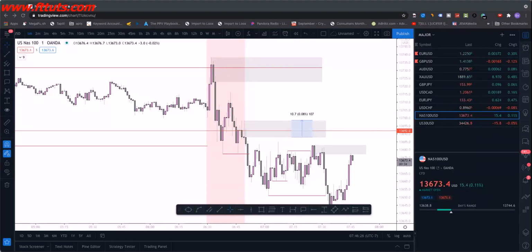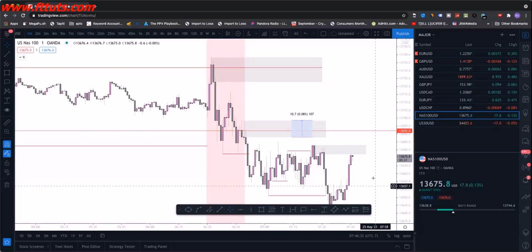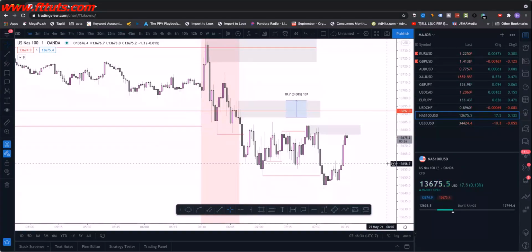Okay. We want it to fill this gap here. Okay, and out of that trade.